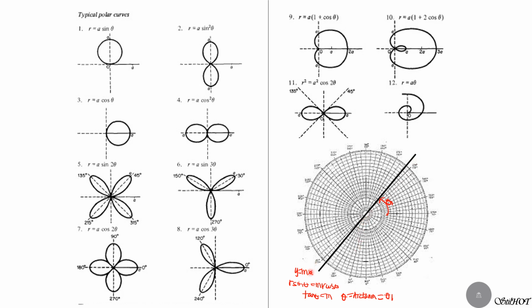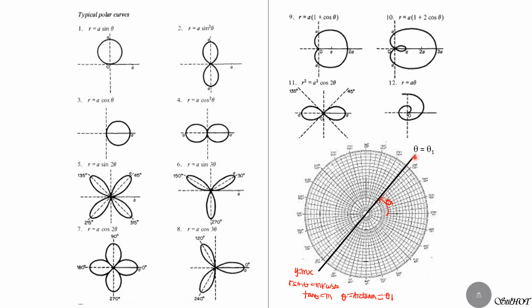Since y is r sine theta and x is r cosine theta, we can cancel r and write it as tangent theta, sine over cosine, equals m. So theta therefore is arctan of m, and it is also equal to theta 1.